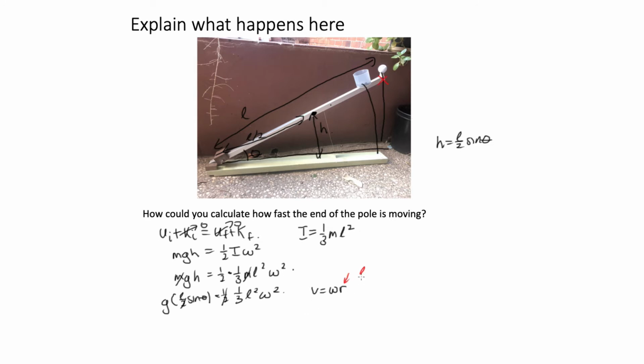So we can write gL sine theta is equal to L squared on 3 times omega squared, which is V squared over L squared.